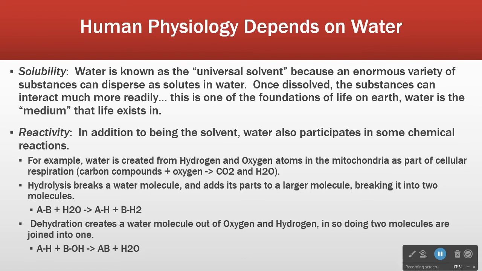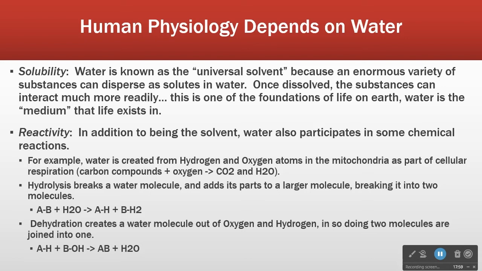It isn't technically universal because there are plenty of things that water won't dissolve, but most things here on planet Earth it will, right? So the fact that water has good solvent properties means that all those atoms and molecules that make cells work can interact with each other because they're all in a common solution, right?